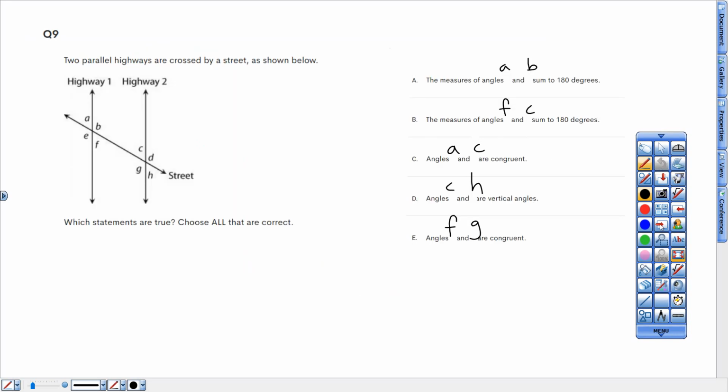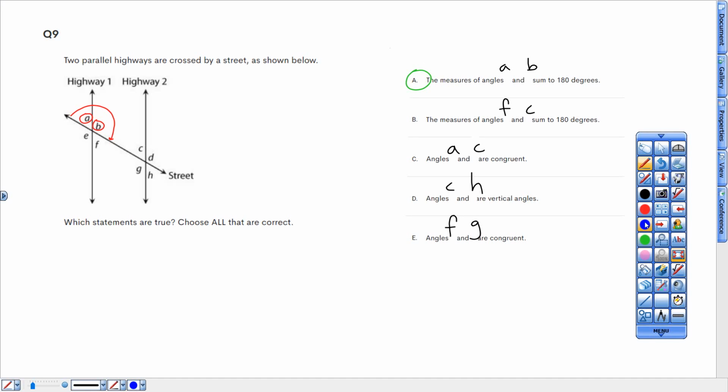Number 9. For this one, again, we want you to see all the angles and what they mean. If I look at angles A and B, those are right next to each other. Those plus to be 180. That is a good answer. Yes, those do add up to be 180.